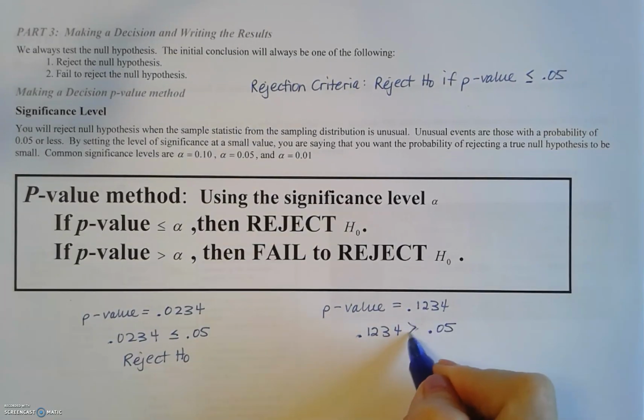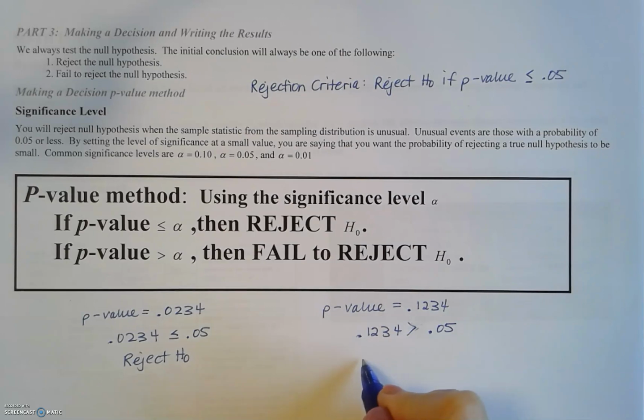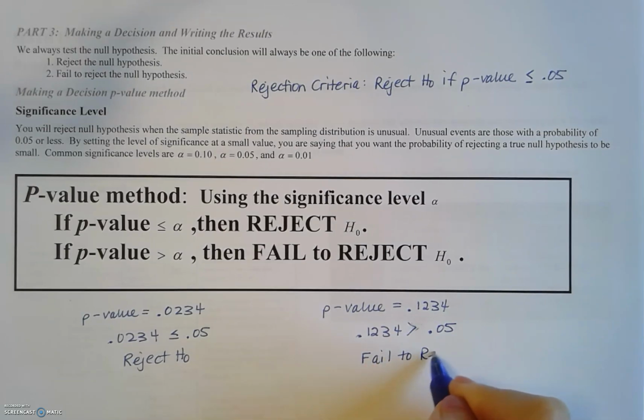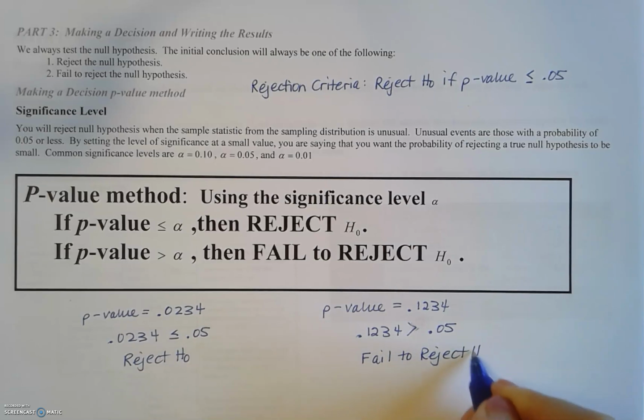So 0.1234 is greater than 0.05, so this is where we would fail to reject the null hypothesis. So with the p-value method, you're rejecting the null hypothesis if our p-value is less than or equal to our significance level. It's often 0.05.